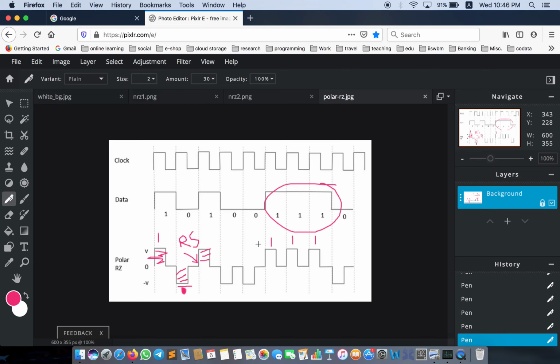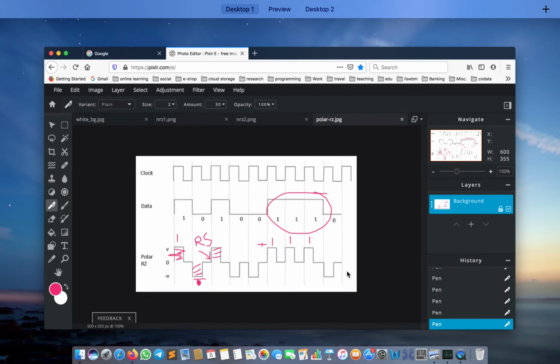So it's a positive voltage level for the 3 ones, and then again there is a transition. This provides a little bit of ease to synchronization, because if there is a trailing number of zeros and ones, no matter what, for each bit it has to come to 0, and that's why there is a change during each bit.